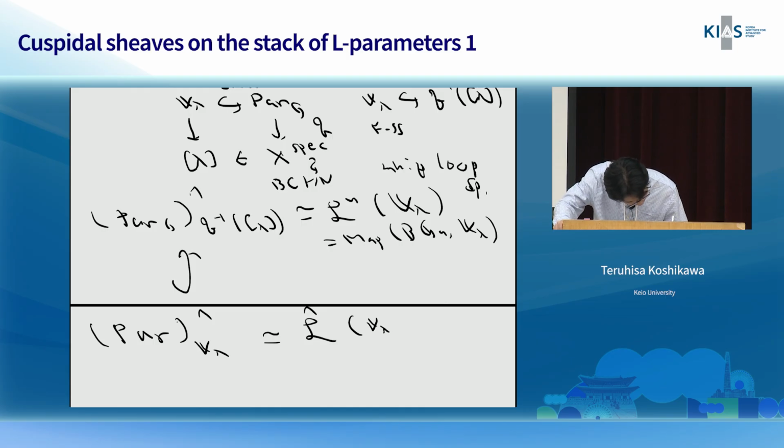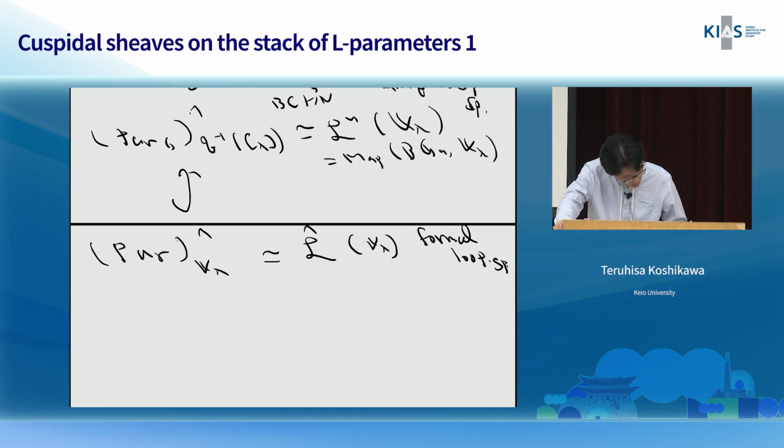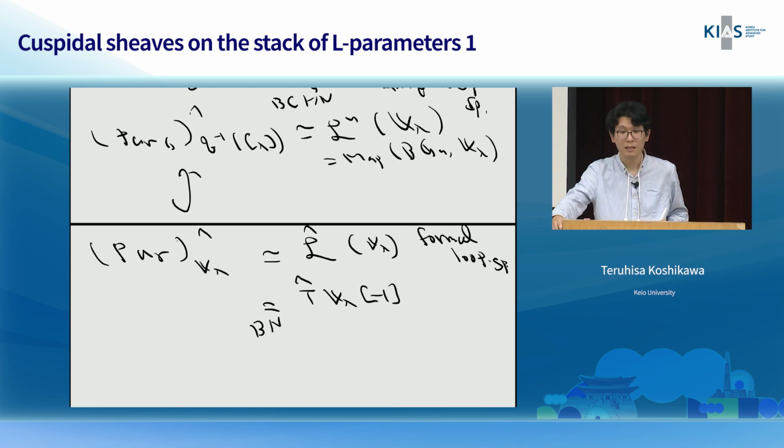And this one is a formal loop space. And by Ben-Zvi and Nadler, this space is known to be equivalent to the minus one shifted completed tangent stack.